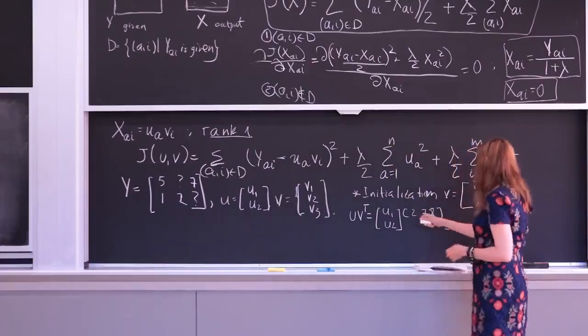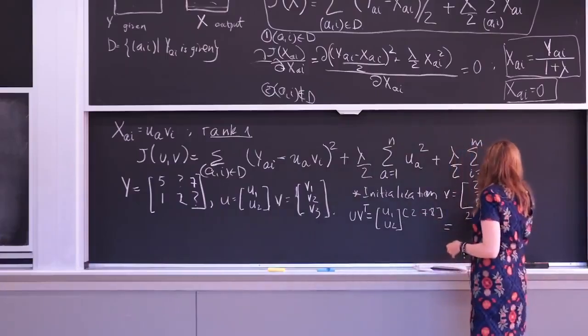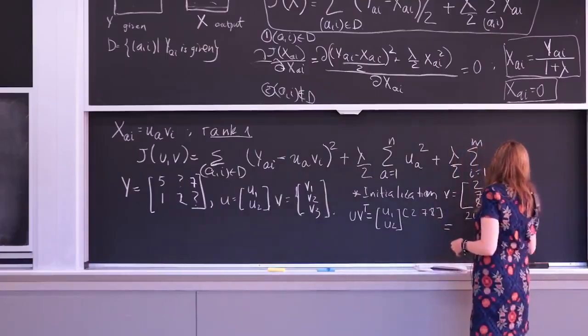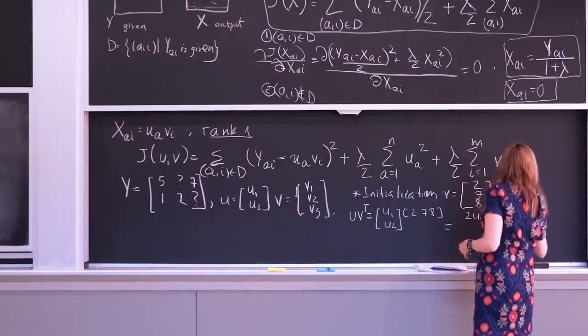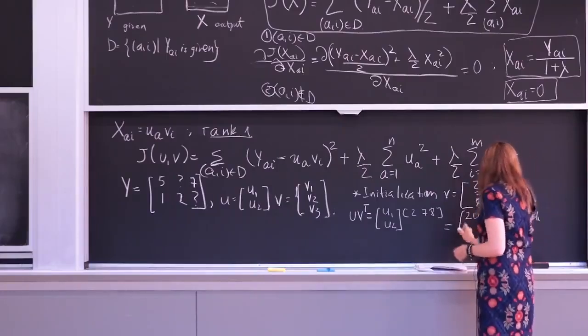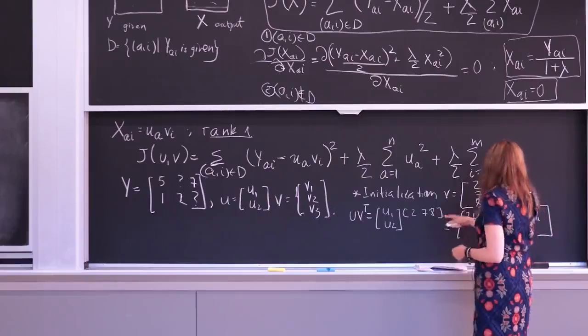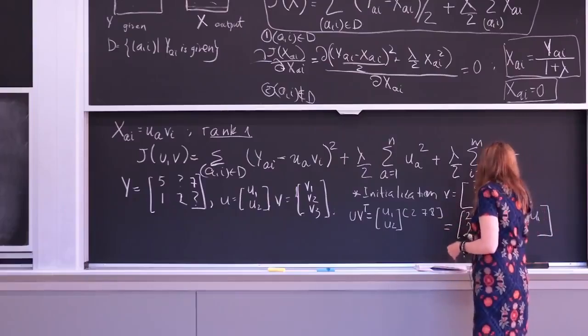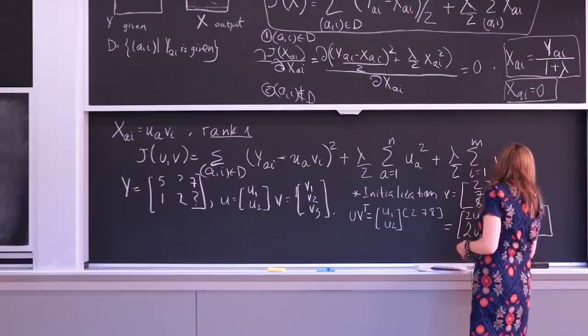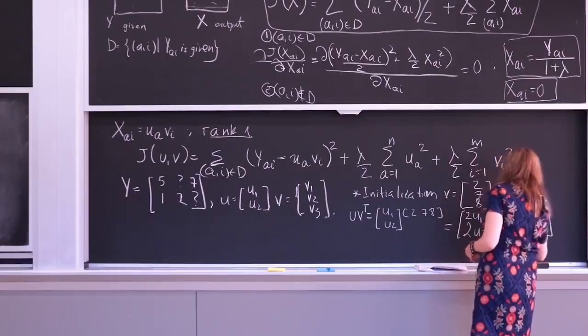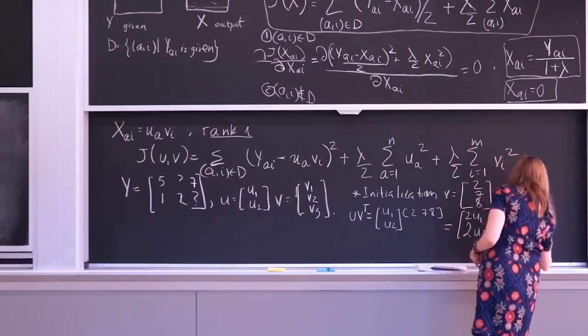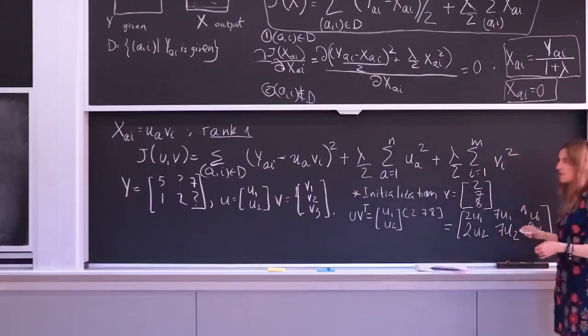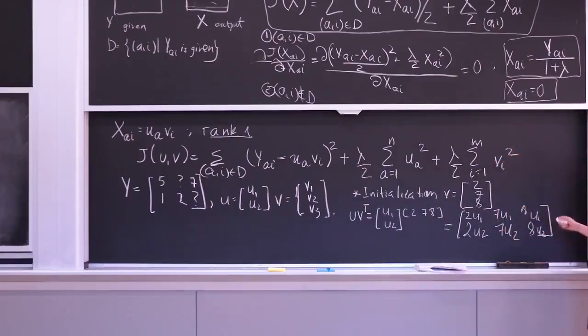And what you will get here would be 2u1, 7u1, 8u1, and 2u2, 7u2, and 8u2. Okay? So this is your matrix X now.